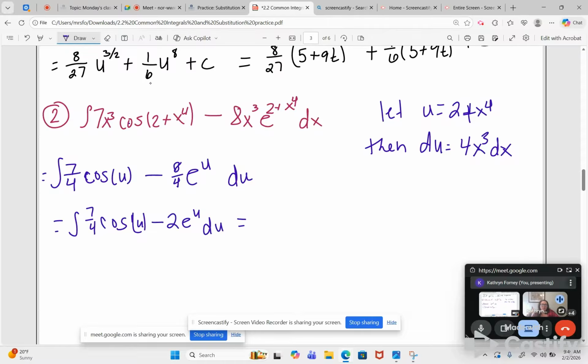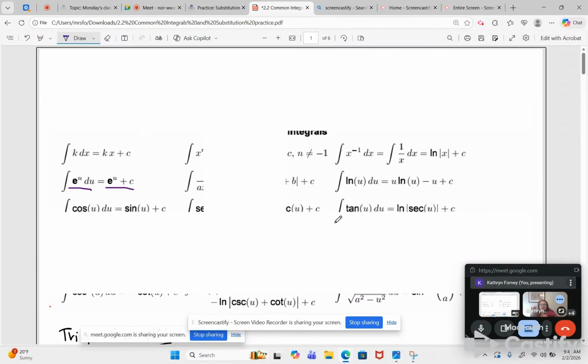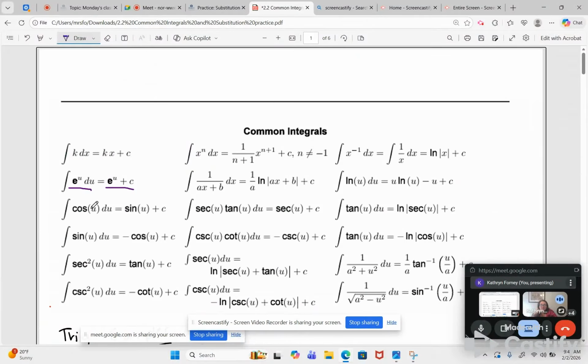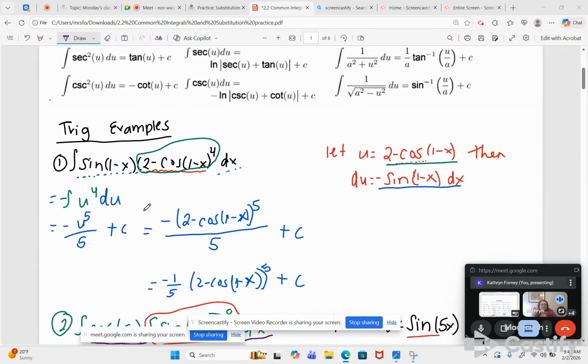So at this point, we can start taking the antiderivative. The antiderivative of cosine. So if you don't remember, I do want to go reference. Here, the antiderivative of cosine is sine.